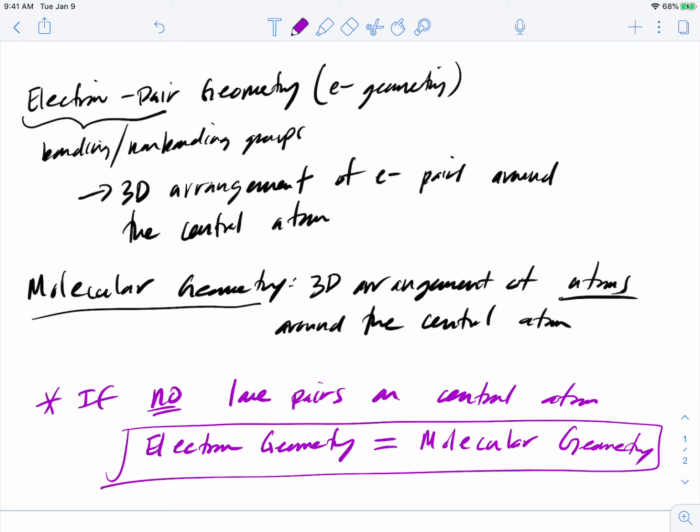We're going to go through all of the different structures where we have no lone pairs on the central atom first, and then we'll look at when we add those non-bonding pairs. So this is going to be simply the number of atoms attached to the central atom.